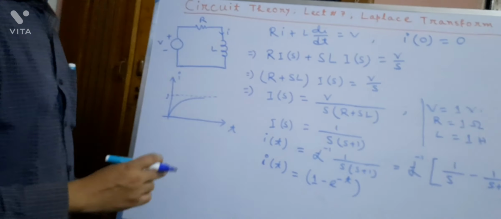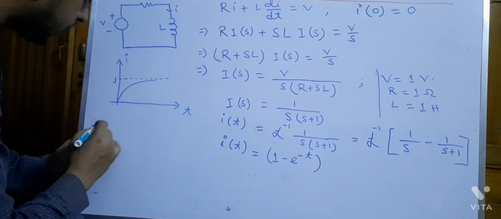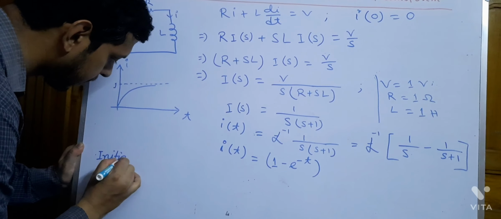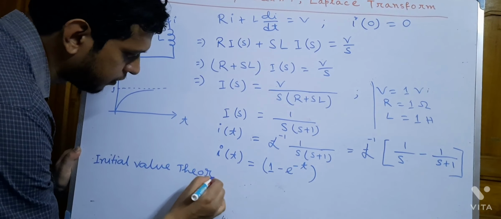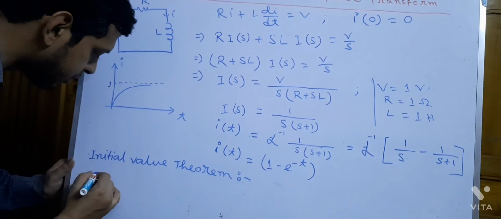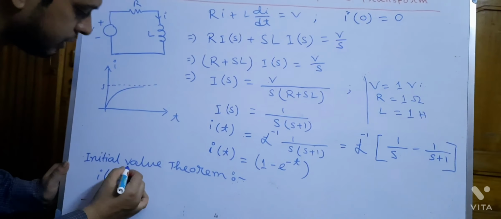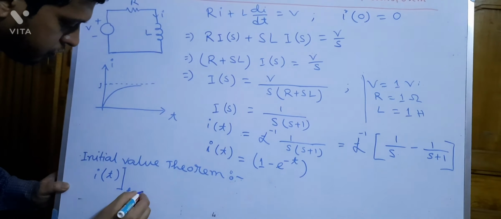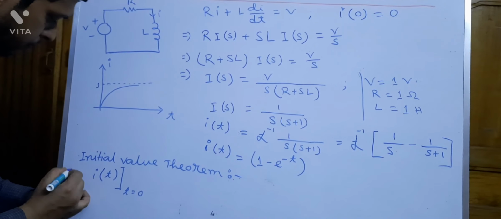Now in this context, let us learn two very important theorems. One is initial value theorem. Initial value theorem says that the initial value of one function, here the function is I, the initial value equal to the value of I(t) at t equal to 0, or I(0).